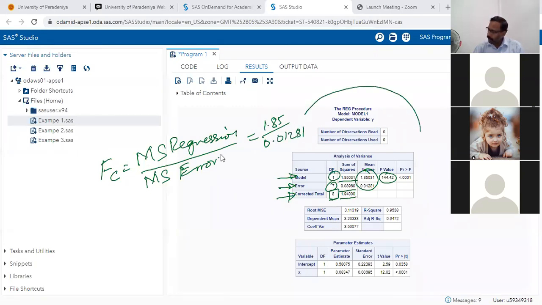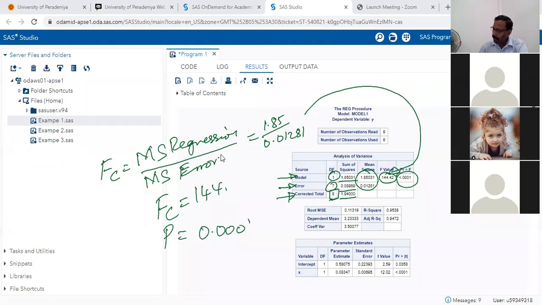This value is given there, 144, oh, very high, 144 something, our F calculated value. This is the probability. P-value is usually 0.0001. Less than that, we can take it as probability 0.0001.